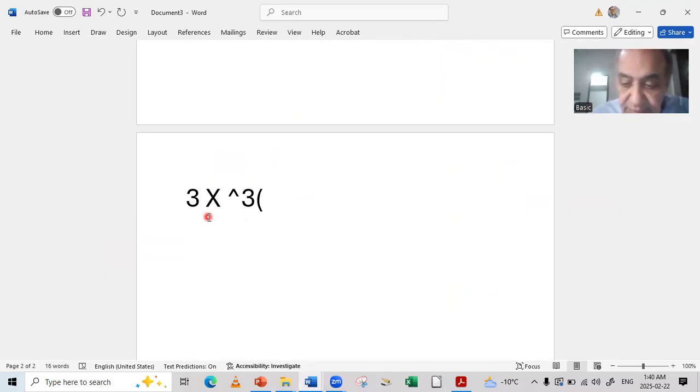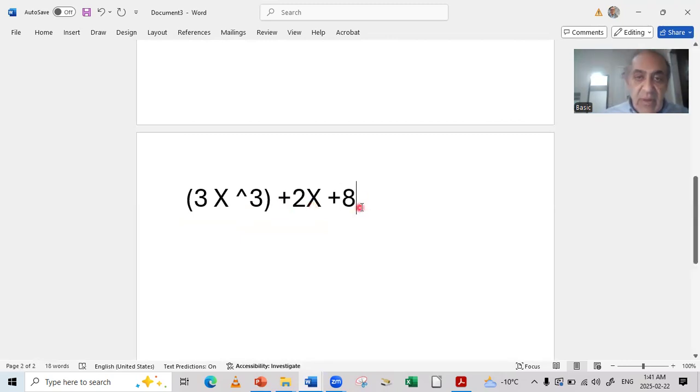Okay, guys, here it is. Plus 2x plus 8. This is a quadratic function.